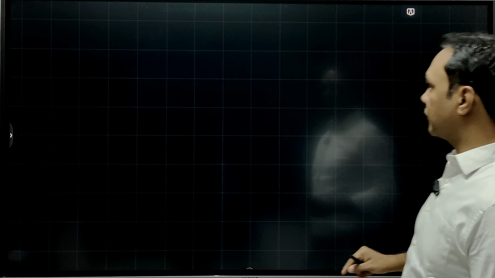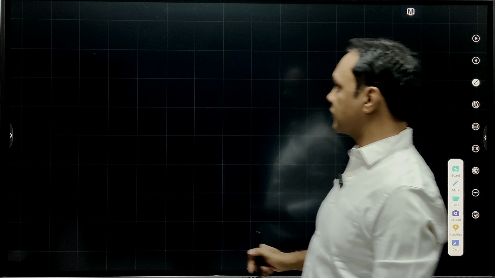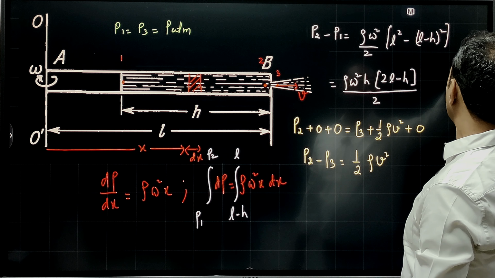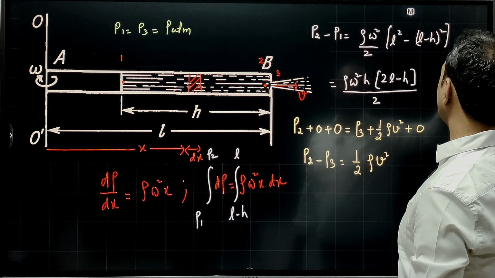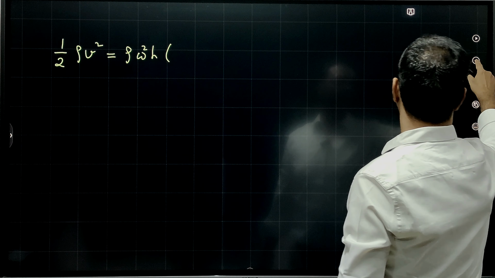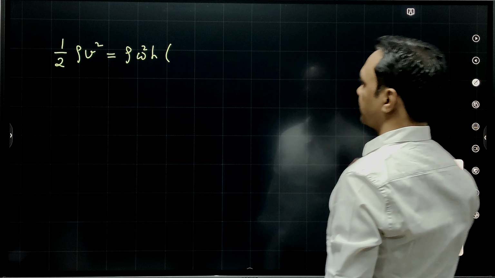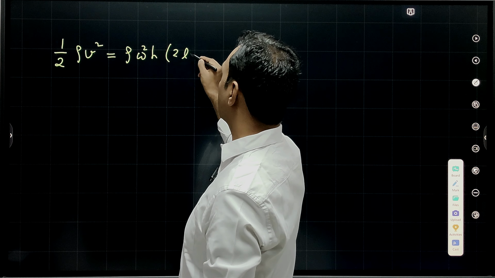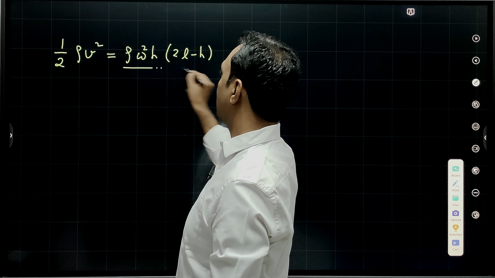Half rho v square, the RHS of equation 2, will be equal to the RHS of equation 1, which is rho omega square H into 2L minus H by 2.